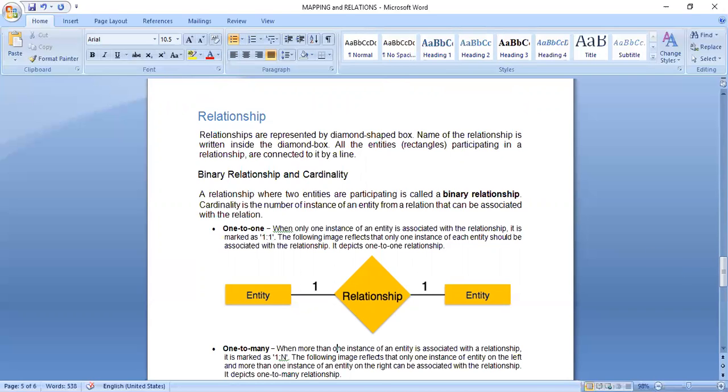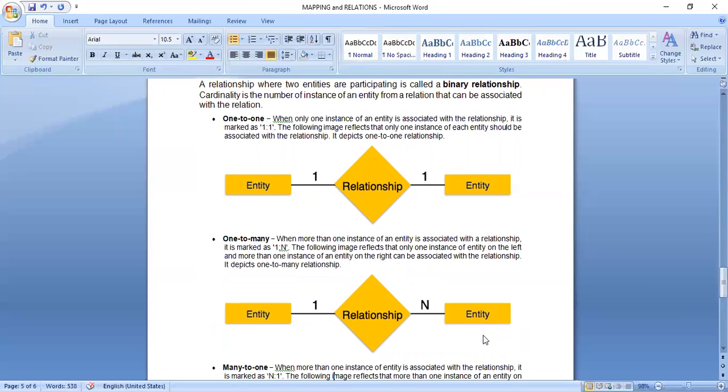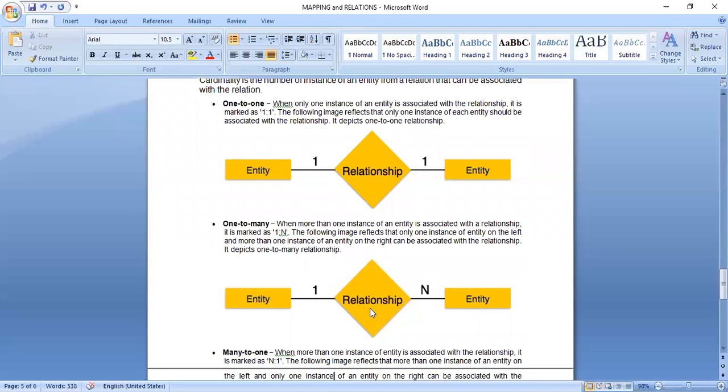If it is 1 to n, you will say it as 1 is to n. 1 is to n determines that one entity is participating with n number of entities. That is, only one instance of the entity on the left and more than one instance of the entity on the right can be associated in this relation. Now this is called a one to many relationship.